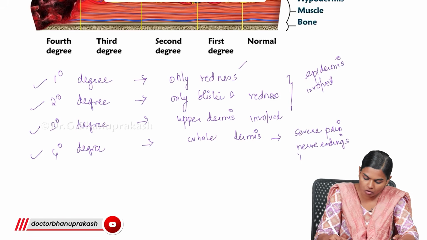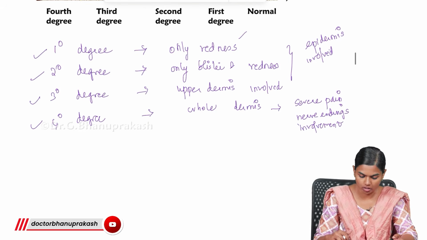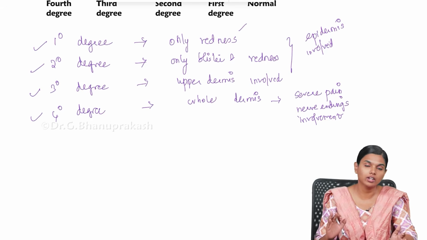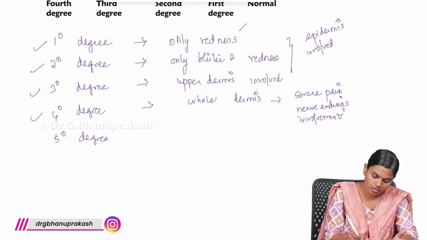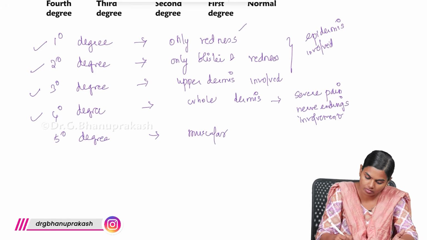So first and second degree involve only the epidermis, third and fourth involve the dermis, then fifth is your muscle. After the dermis you get muscular involvement, with charring of muscle.